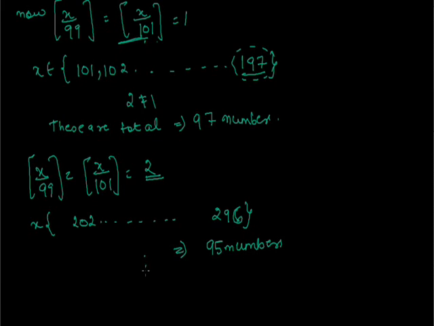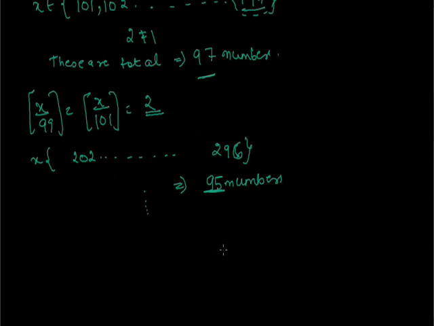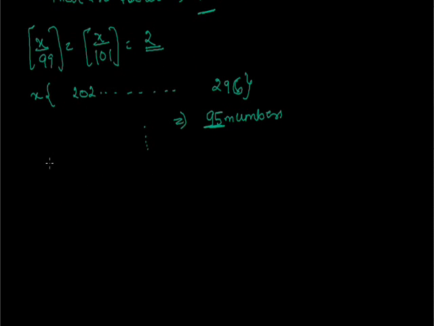So if we proceed further, after 97, 95, now 93 will come. So it will follow an AP, leaving out 98 because 98 is not forming any AP. So 97, 95, 93, this will go up to 1.